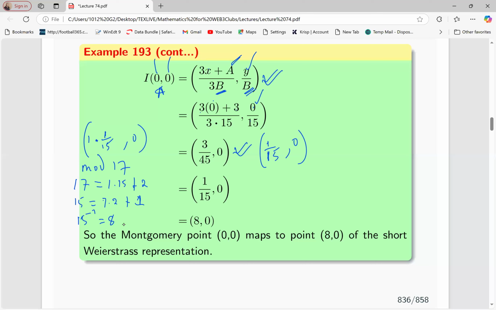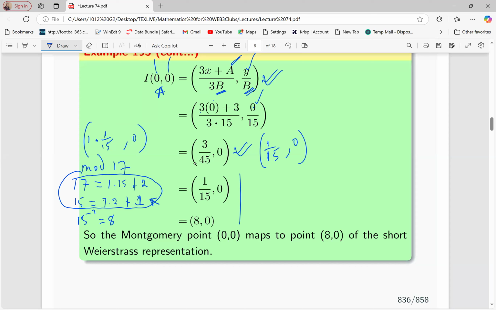Maybe I can just do it for the sake of recalling. How do you find 8? We reverse, beginning with the first equation. So 1 will be the same as 15 minus 7 multiplied by 2.